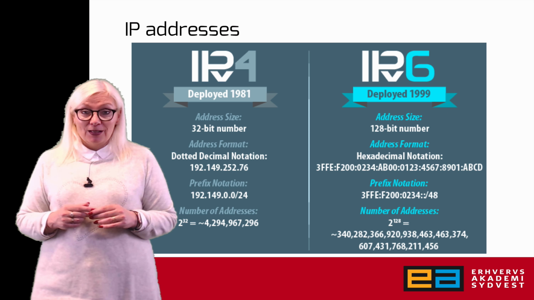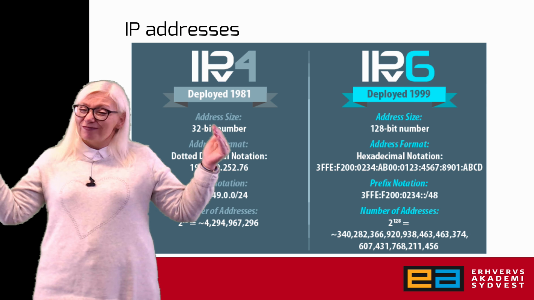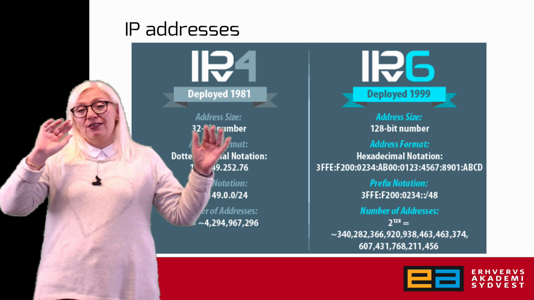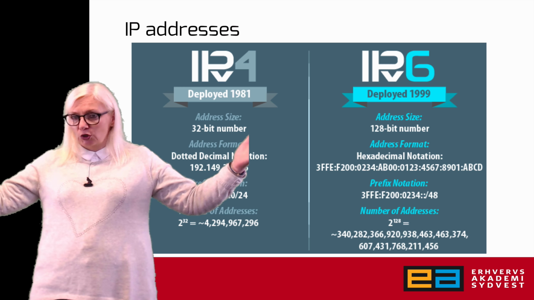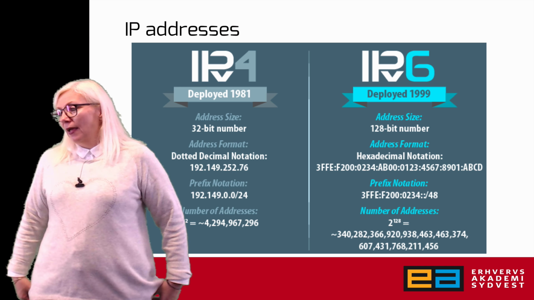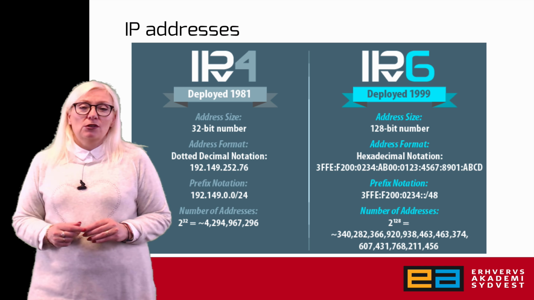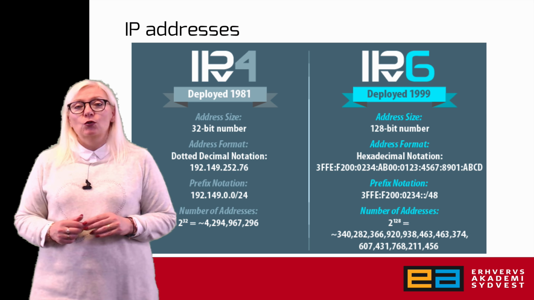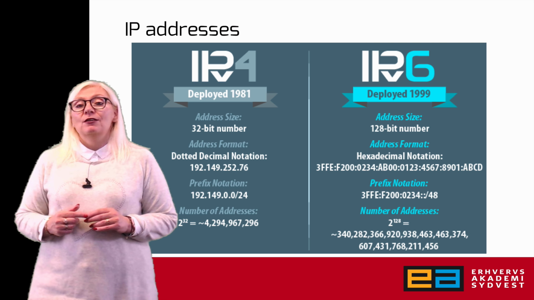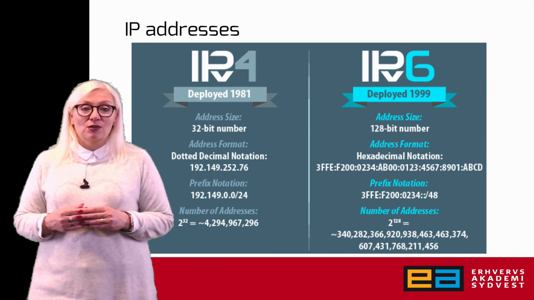And here we have a 128-bit long address, which is 128 zeros and ones. It's a huge, large address. And when we see an IP version 6 address, we rewrite it into hexadecimal numbers to be able to see it.